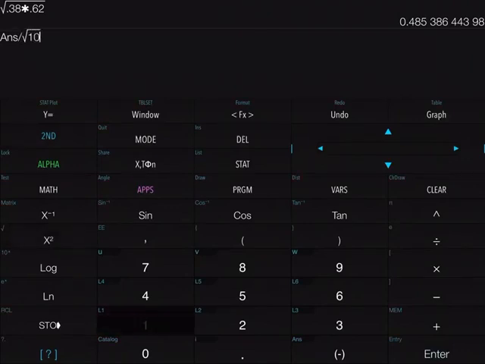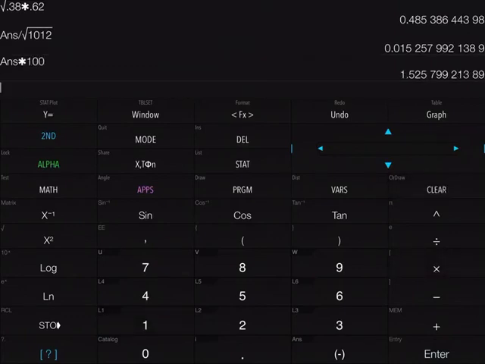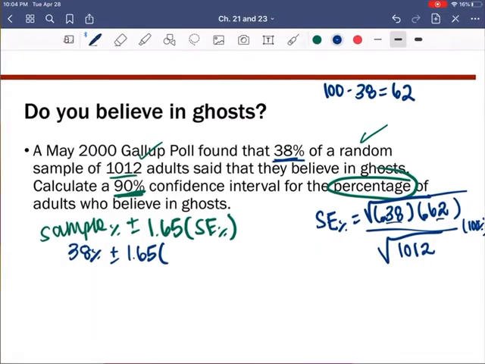Divided by the square root of the number of draws. Move the decimal over twice. 1.5%.